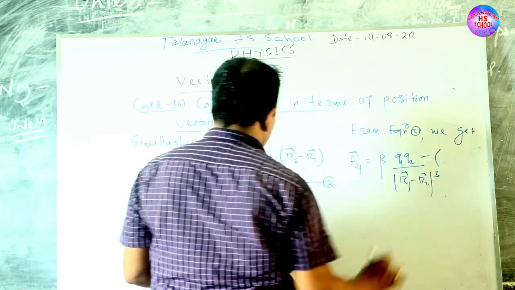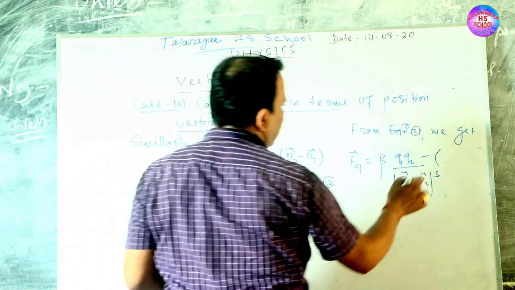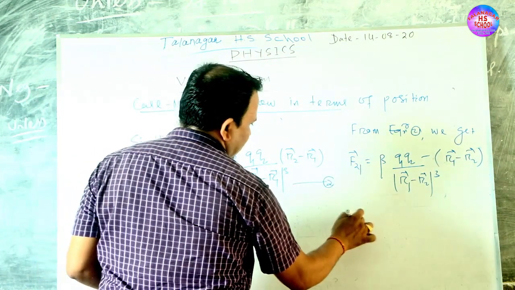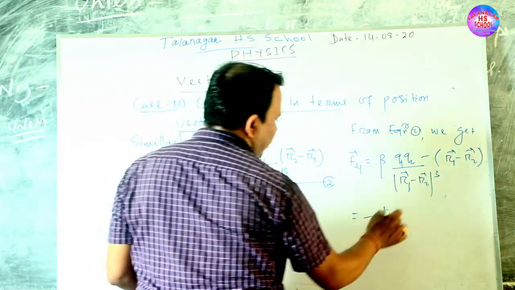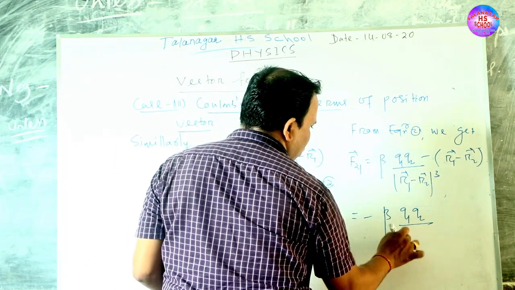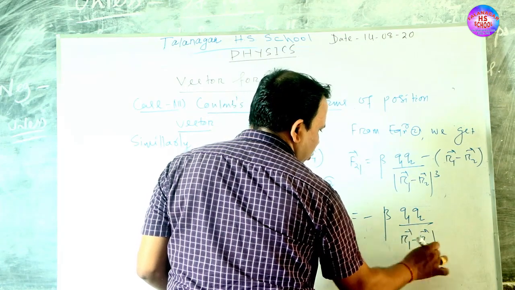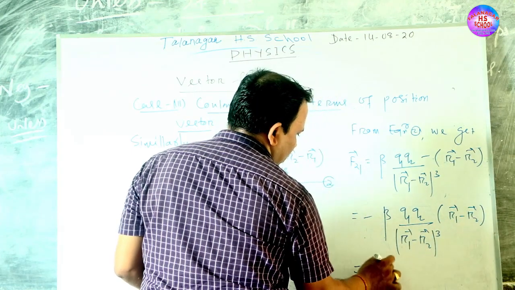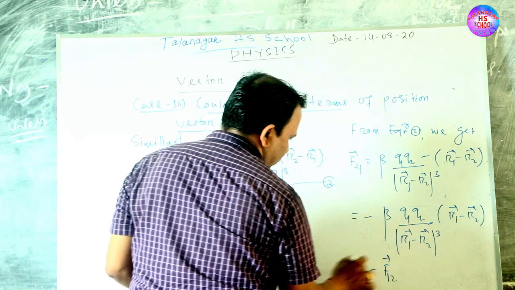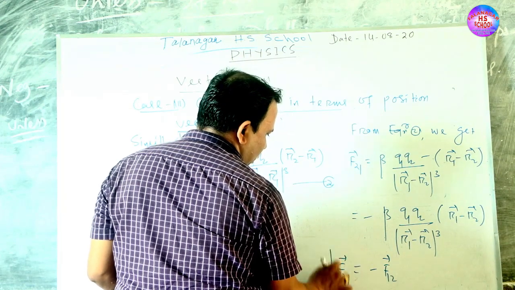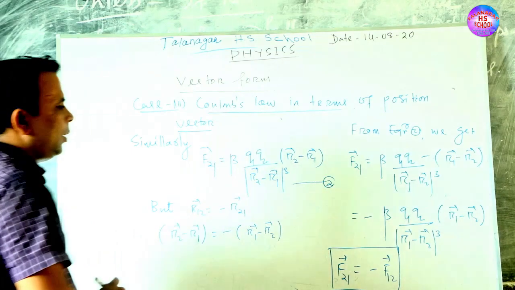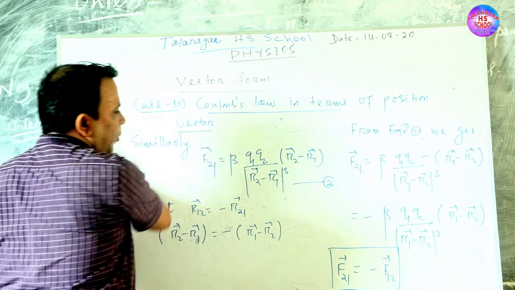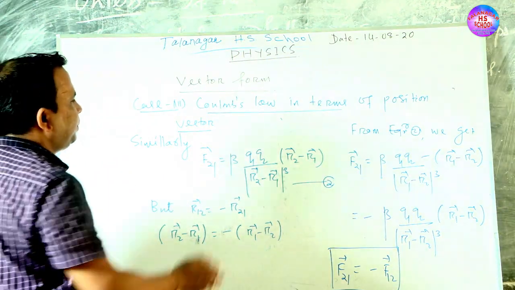Then it is minus beta q1 q2 (r1 vector minus r2 vector) by the modulus of (r1 minus r2) cubed. This is F12, so F21 is equal to negative of F12. These are the vector forms of Coulomb's law of electrostatics.